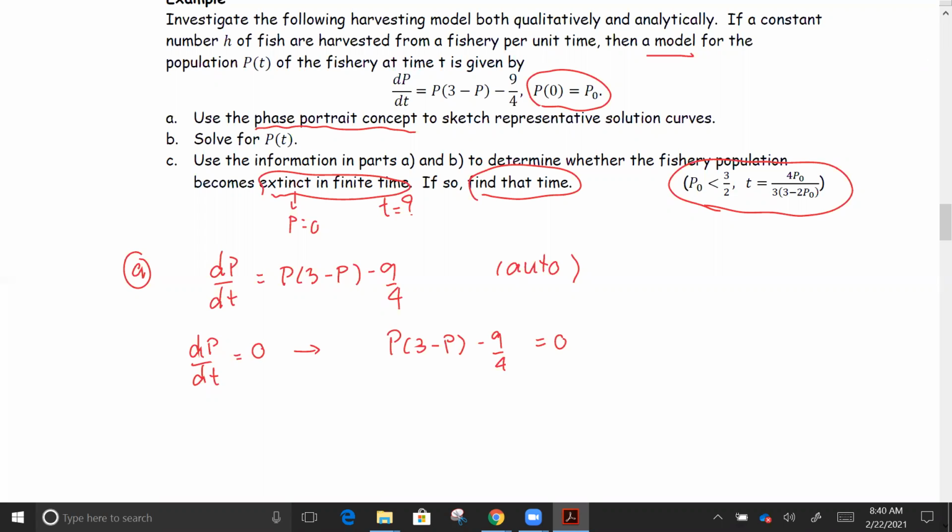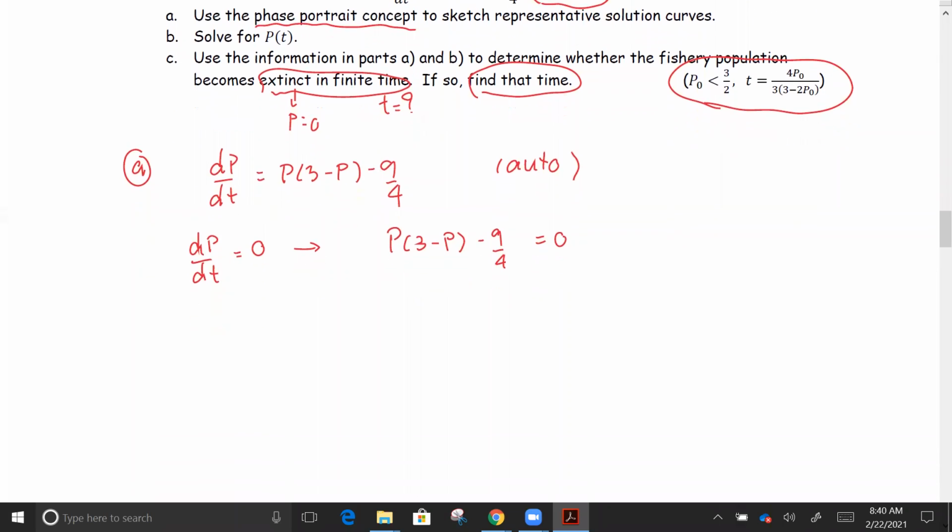Okay. It looks not as simple as the logistic model in general. What you have to do is expand them all out and readjust the terms. For this case, we have 3P minus P squared minus 9 over 4 equals 0. My suggestion when you deal with the fraction form is to try to avoid the complication.